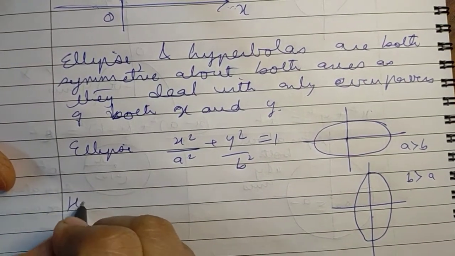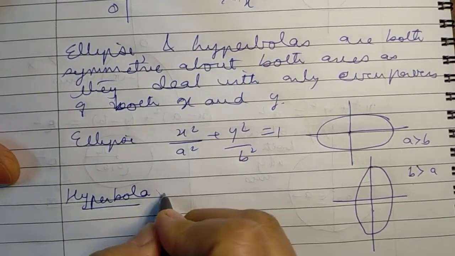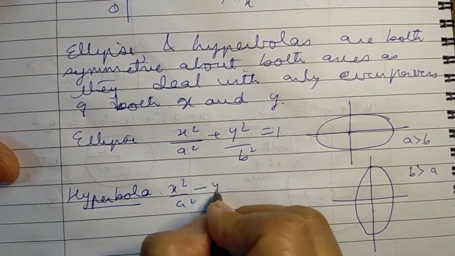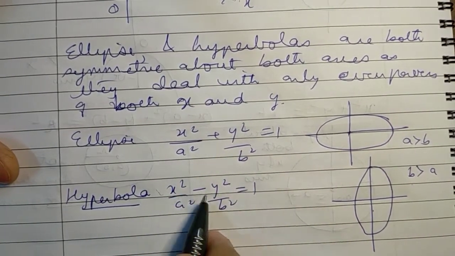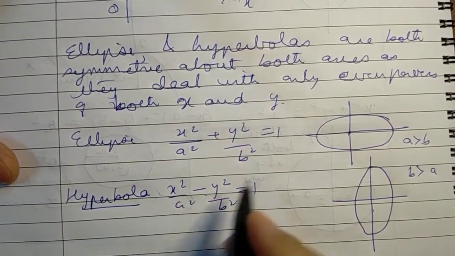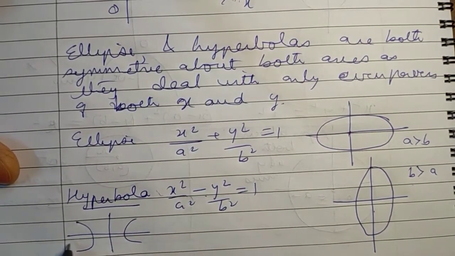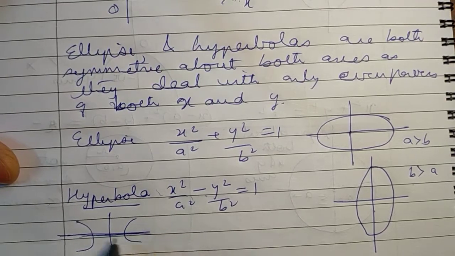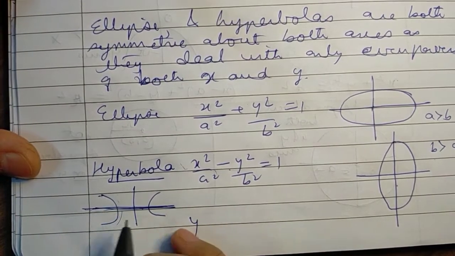In the same way, here we have the hyperbola. If it is x squared over a squared minus y squared over b squared equal to 1, it has purely even powers, but here the positive term decides the orientation, like the parabola about the x-axis, and here it is a horizontal hyperbola.